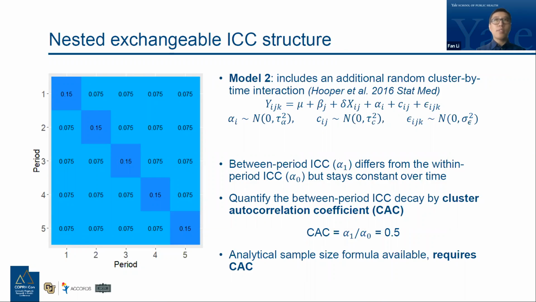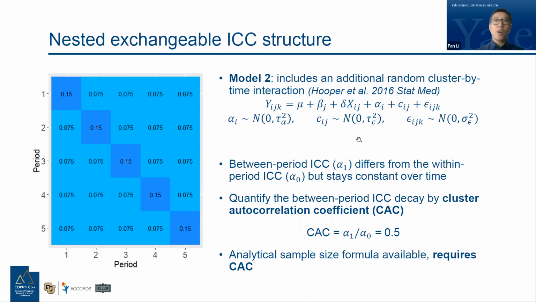So for example, this model 2 that appeared in the literature includes an additional random cluster by time interaction term in model 1, where in addition to that alpha i term describing the between cluster heterogeneity, we have the Cij term acting as a random cluster by time interaction describing the departure of each cluster period relative to the overall trend.